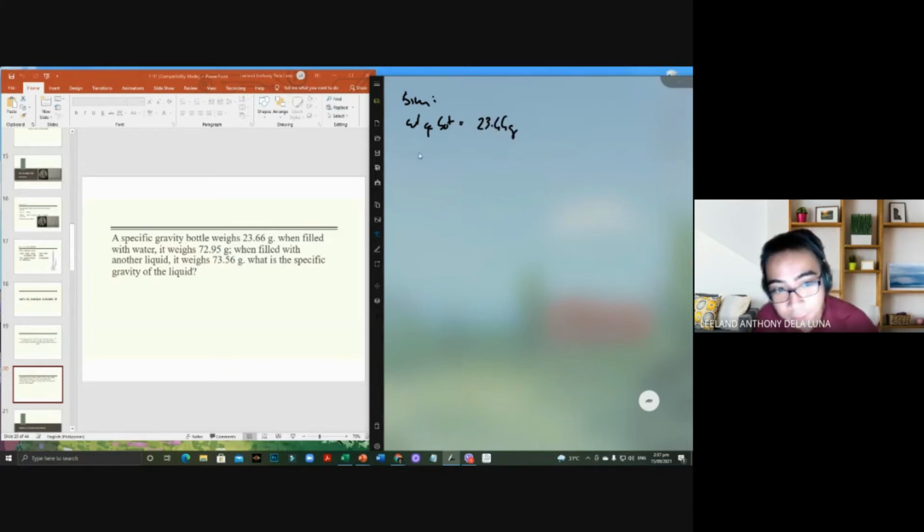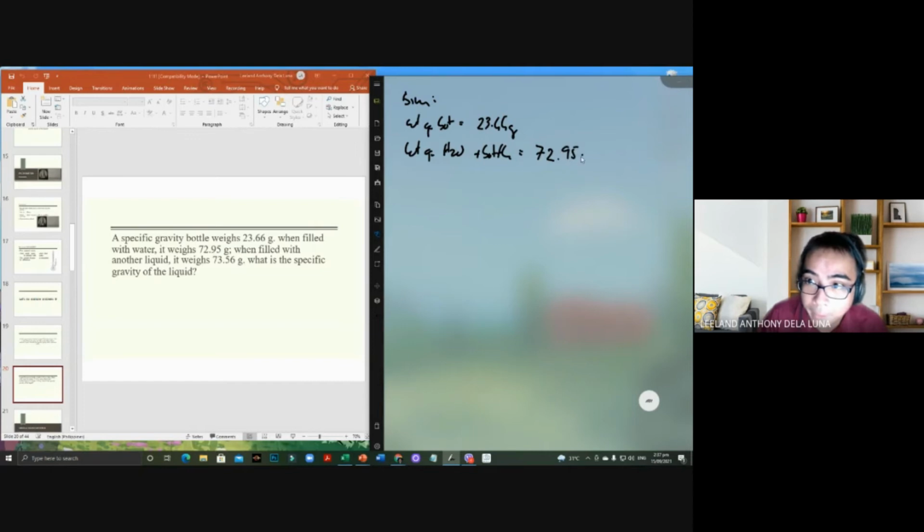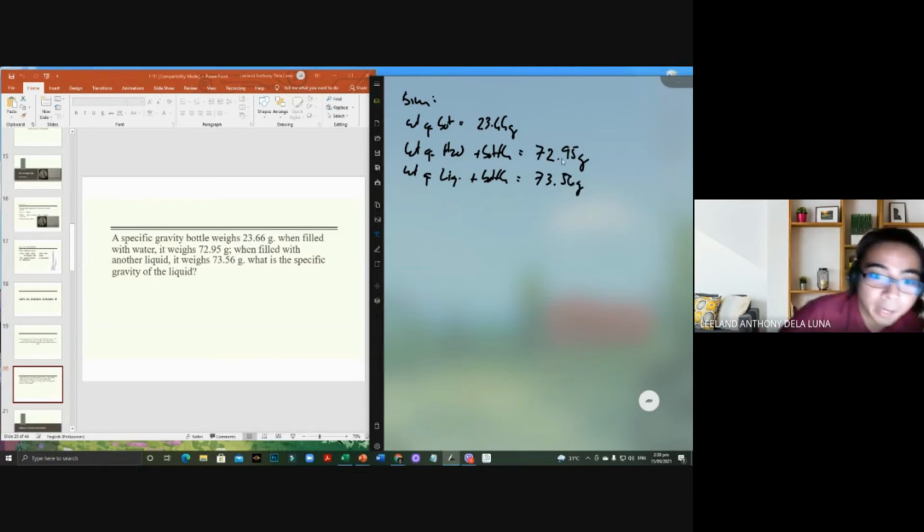Now, pinuno siya ng water. Weight of water plus bottle is equivalent to 72.95 grams. Okay? Weight of liquid plus bottle is equivalent to 73.56 grams. Okay, ang hanap ngayon dito is specific gravity.